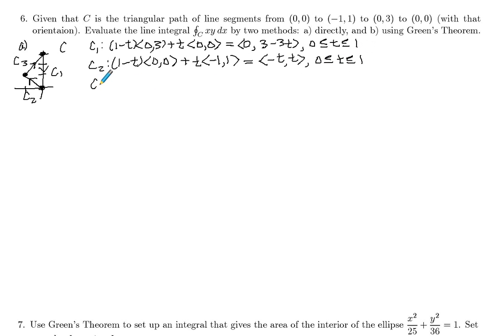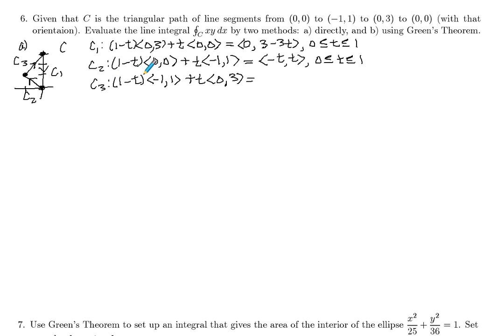And then C3, same deal. 1 minus t times your start point, which is negative 1, 1, and then plus t times your ending point, which is up here at 0, 3. So 1 minus t times negative 1 is going to give you t minus 1.